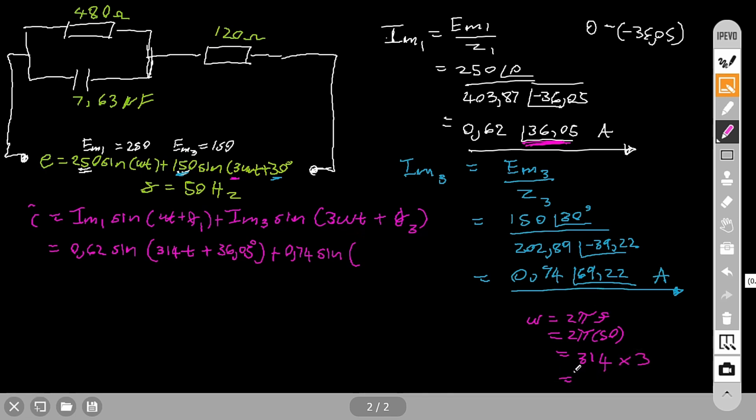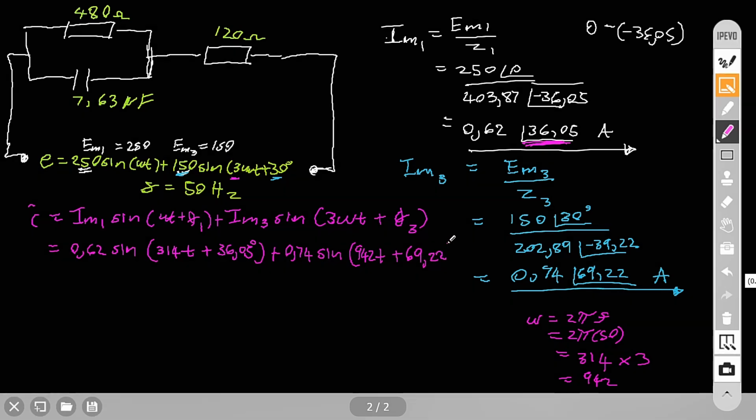You'll get 942. So now you write 942t here plus the angle is this one, 69.22. So again, guys, this is your I, this is amps. So this was your answer, right?